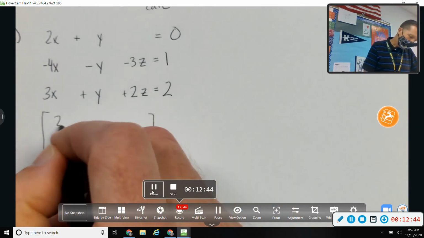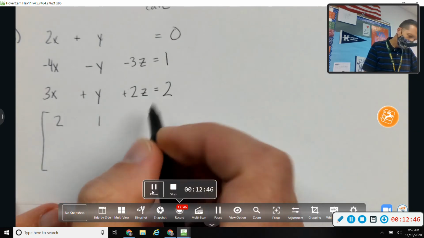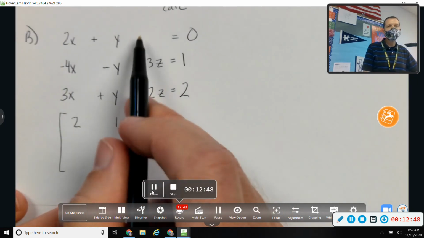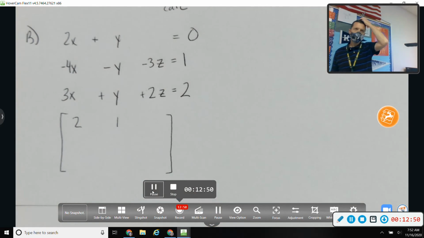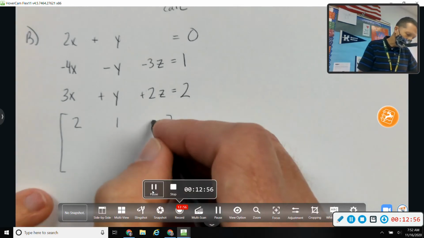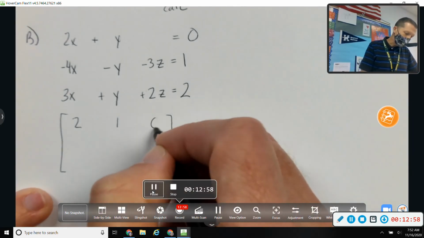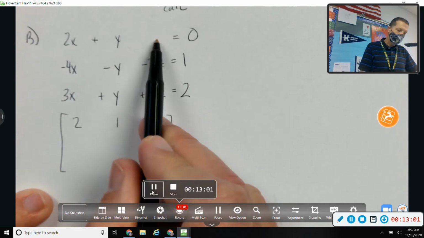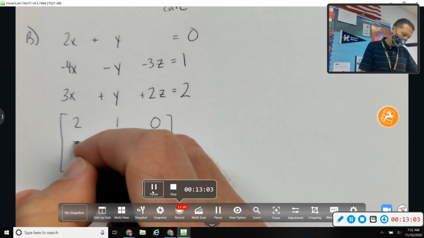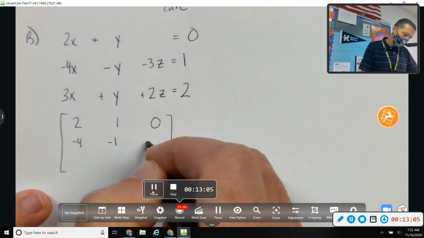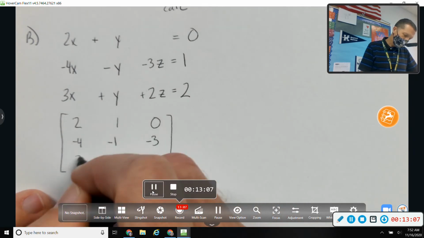So 2, 1. I don't have a z coefficient, or I kind of do have a z coefficient. 0, yeah. If it's 0z, it wouldn't show up. So I can't leave a blank in the matrix, but if I put a 0 there, that would be the same. Negative 4, negative 1, negative 3, 3, 1, 2.